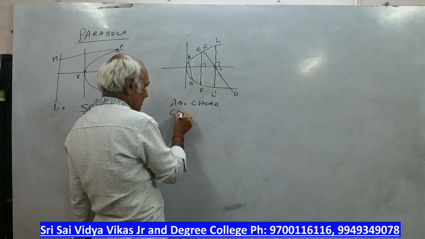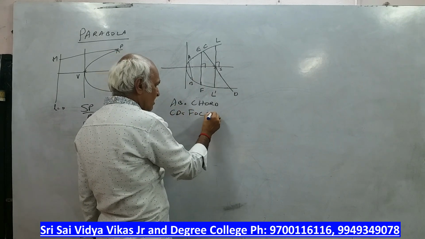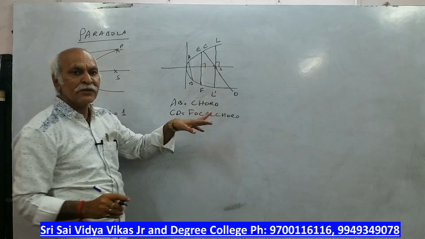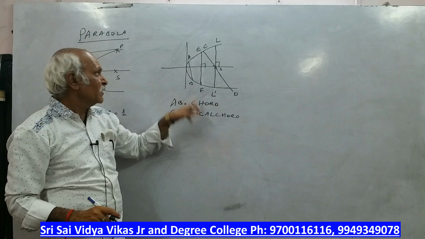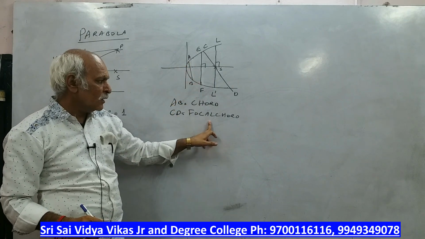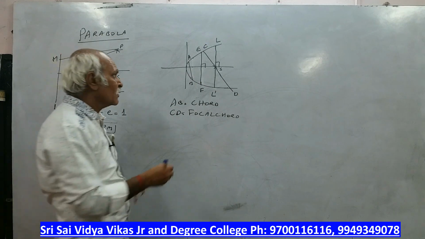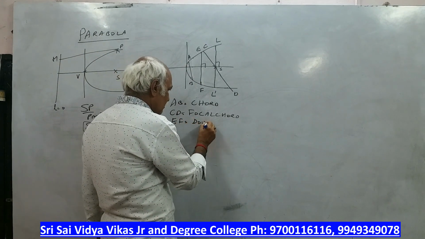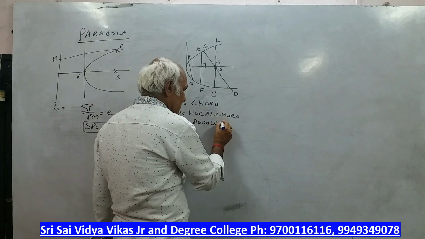CD is called a focal chord. Focal chord means it passes through the focus. AB is a chord which does not pass through the focus. CD is called a focal chord, which passes through the focus. And EF is called a double ordinate.